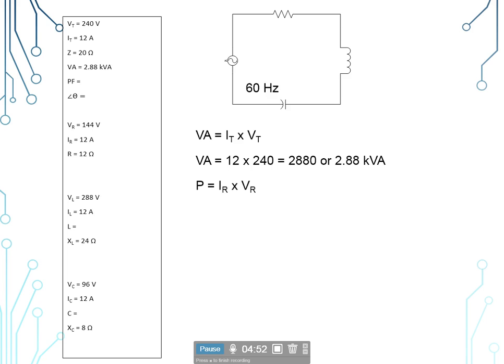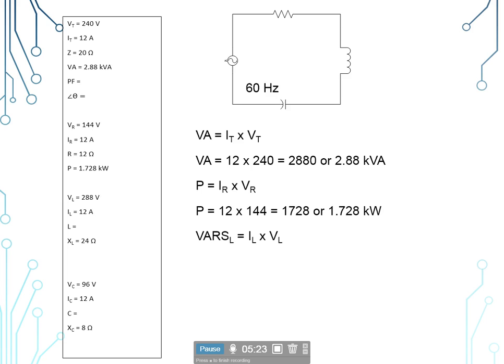Again, it's over the purely resistor part of the circuit. So P is equal to I sub R times V sub R. I sub R is 12 amps, V sub R is 144 volts, which will give us 1.728 kilowatts. Again, true power is the only one measured in watts in the AC when we start mixing the inductors and the capacitors and resistors or any combination of those.